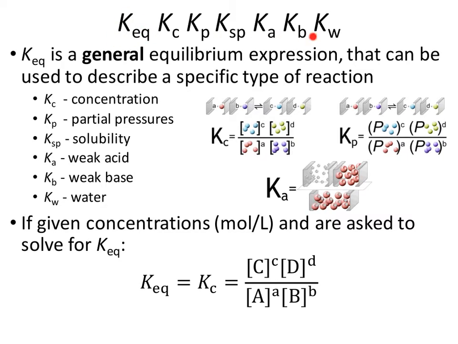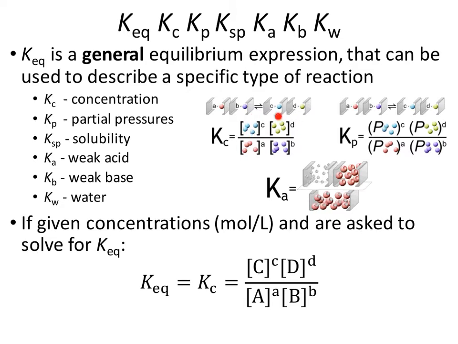We can have many different types of currencies, and as we go with Kc, Kp, Ksp, we're specifying which type of currency. When we look at Kc, this is talking about concentration, Kp is partial pressures, Ksp is the solubility product, Ka is a weak acid, Kb is a weak base, and here we have the auto-ionization of water, Kw. Now you can see that most of them are very similar.